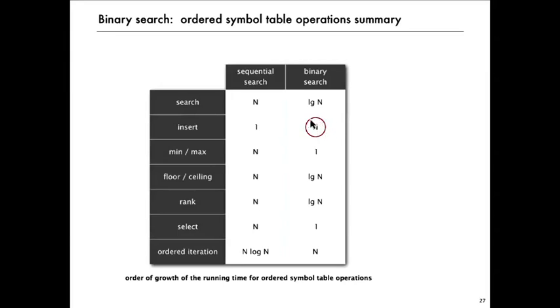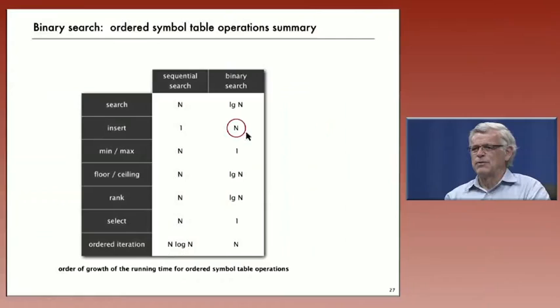You have to go through the whole thing. And so that's really the key to thinking about ordered symbol tables and symbol tables in general. How can we guarantee that all operations are fast? Binary search is pretty good, but that's a major flaw. It can't maintain a dynamic table efficiently with binary search. And that's going to be our focus in the next lecture.